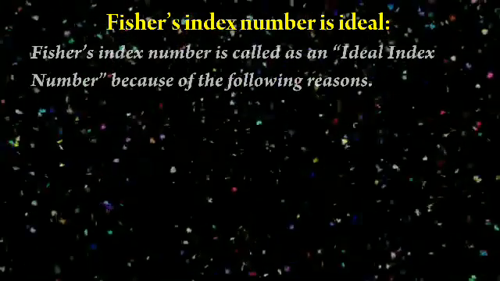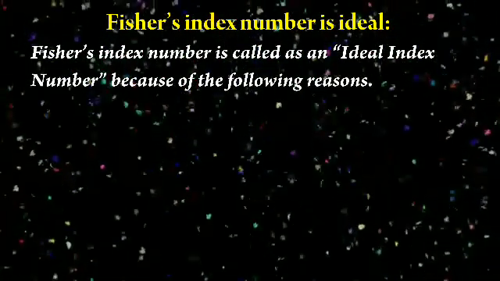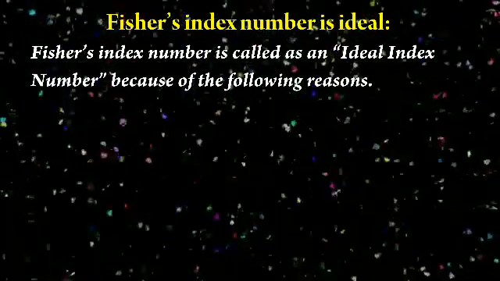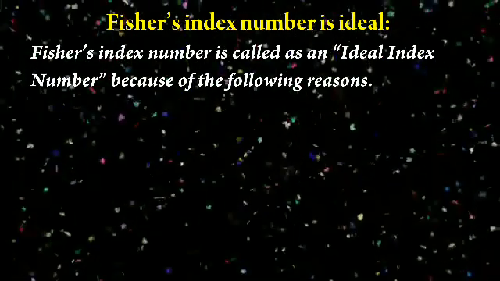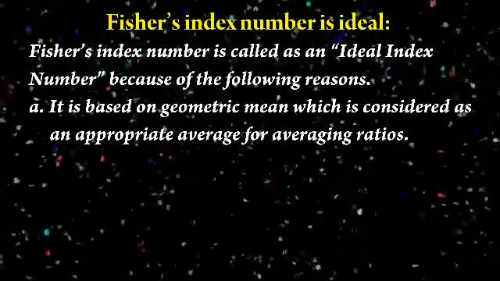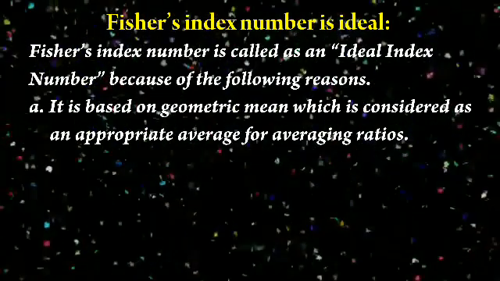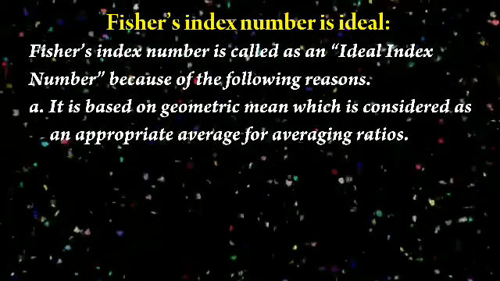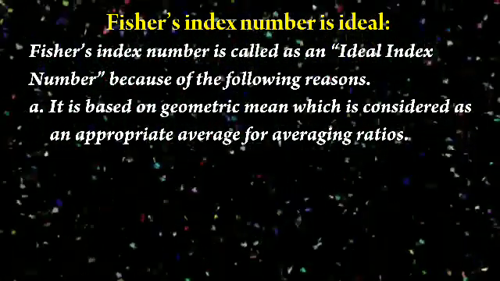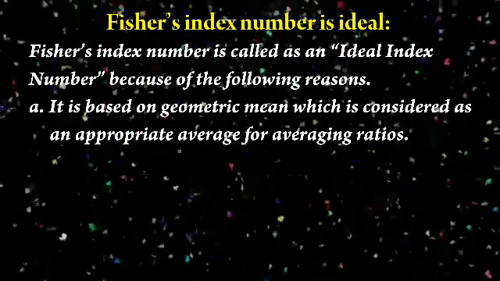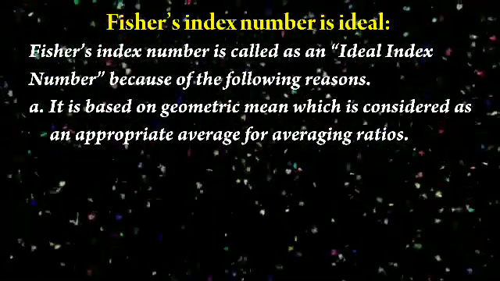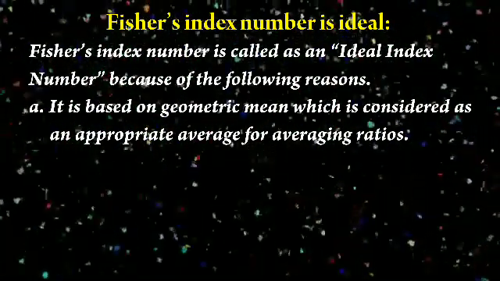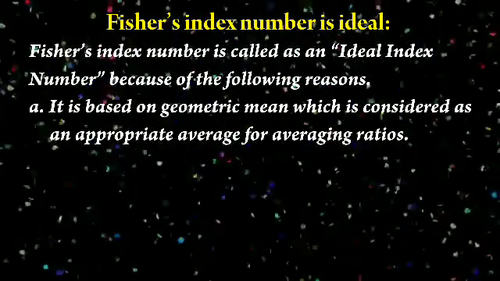Fisher's index is called the ideal index number. Why is Fisher's index called the ideal index number? Fisher's index is called the ideal index number because of the following reasons. First one, it is based on geometric mean, which is considered an appropriate average for averaging ratios, which means here geometric mean is the best average for the construction of index numbers, because index numbers are expressed in ratios, and it is the relative changes between the base and the current year values of either the price or the quantity values, right?